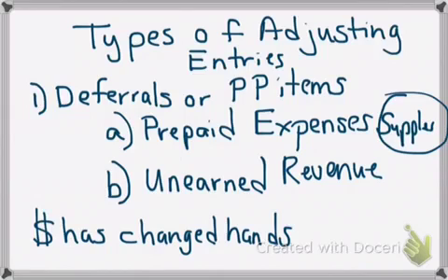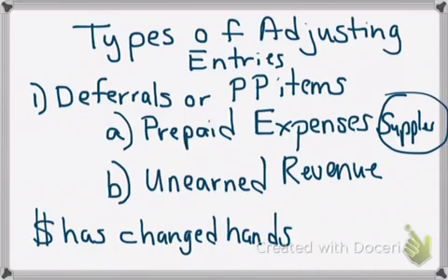The other thing that we look at is on the revenue side, and we look at unearned revenue. So with these items, money has already changed hands. For our prepaid expenses, we've already paid for them, and as we use them, we have to expense them. And so that's why we have adjusting entries, so we can move it from that asset account into an expense account as it's used.